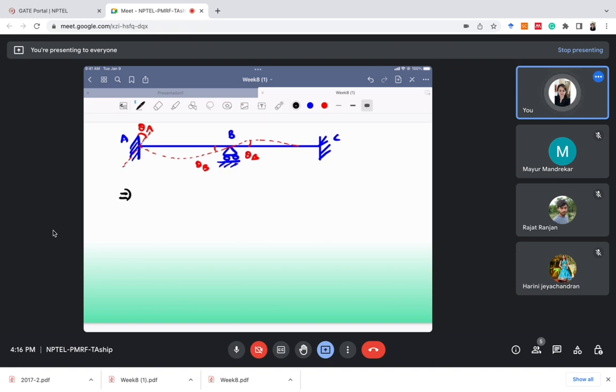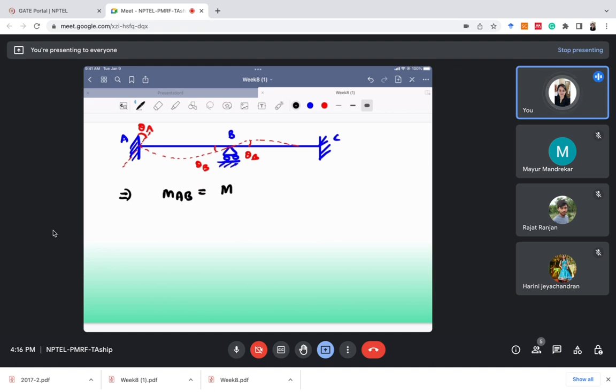Let us write the slope deflection equations for all the spans. How many spans are there? Two spans. So how many slope deflection equations can we write? Four. Two spans, so two for each. Like MAB, what would be the value of MAB?